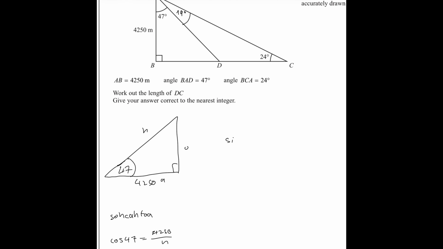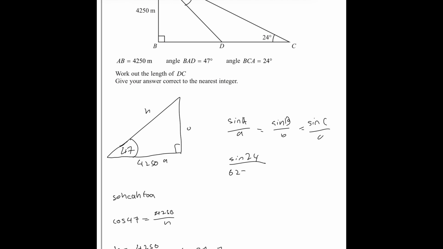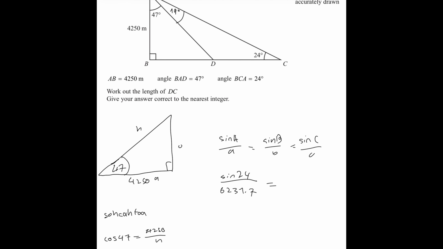So since we have this side, now we can use the sine rule. So the sine rule basically means that sine A over A is equal to sine B over B equals sine C over C. Now, for example, sine of 24 over the value we just found should be equal to the sine of 19 over DC.